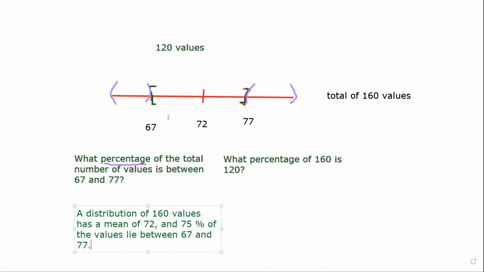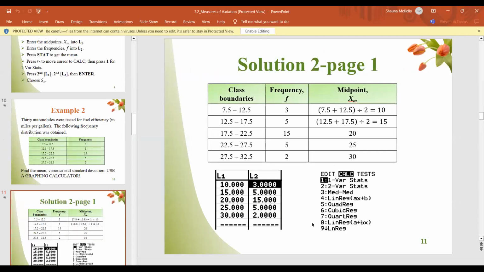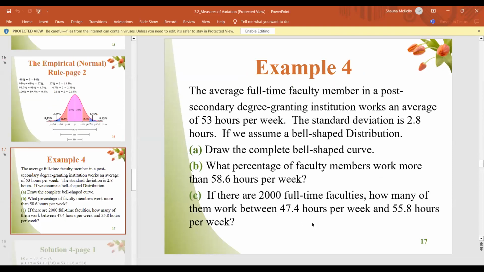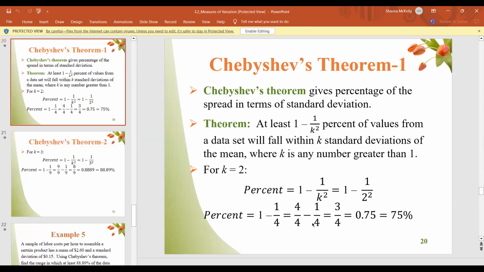Okay. So now that 75% is very important because of Chebyshev's theorem. What does Chebyshev's theorem say? It says that it gives the percentage of the spread in terms of standard deviation. Right. So Chebyshev's theorem is right here.